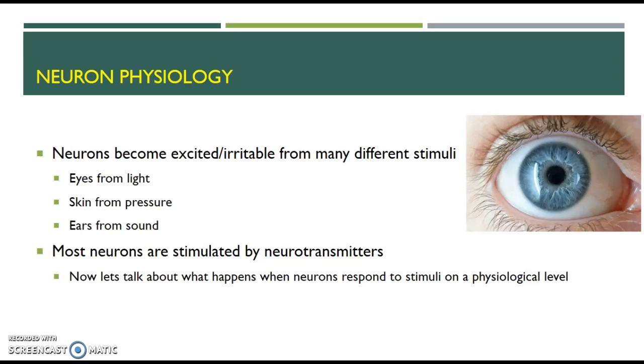And we do this by using sodium and potassium and also neurotransmitters. So neurotransmitters are chemical messengers that are going to be able to pass one message from one neuron to the next neuron. So we're going to go ahead and pause here just so we have enough time to really get into the nitty-gritty on a physiological level, what happens with neuron physiology.